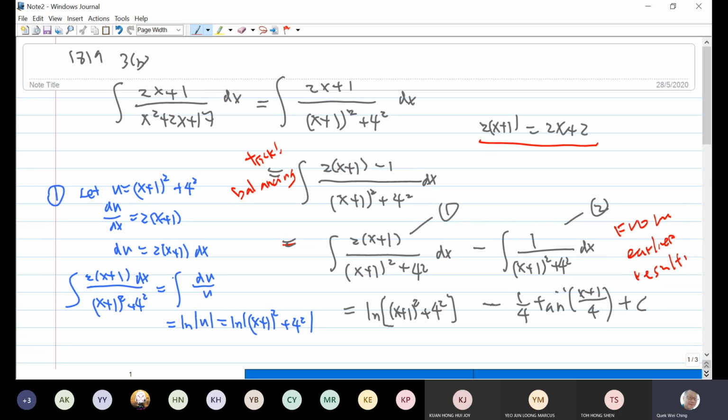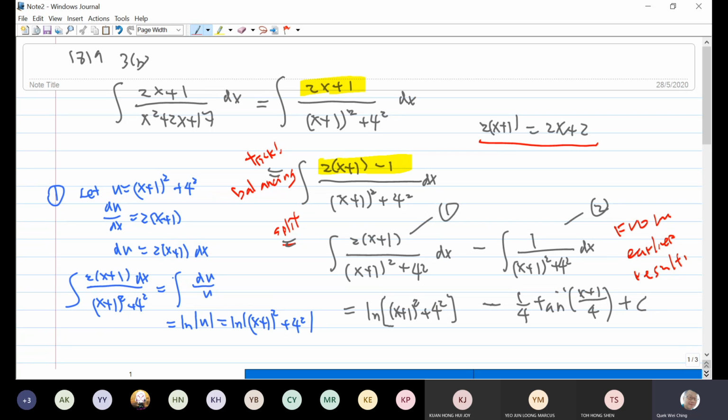So you get 2x plus 1. One way to do it is minus 1, so that you get back the original 2x plus 1. So these two terms are equal, so this term, of course, is equal to this one. Then you split here. Split the two terms.